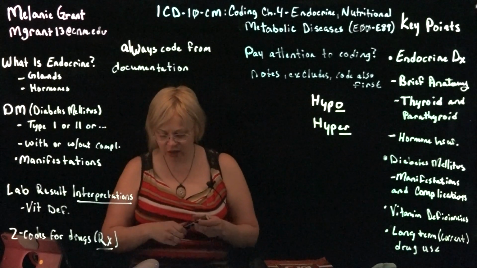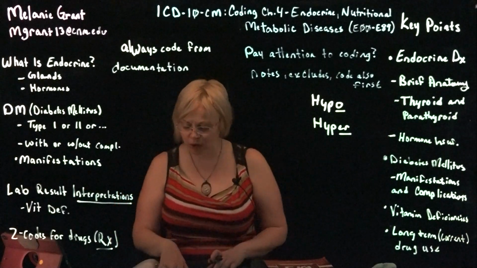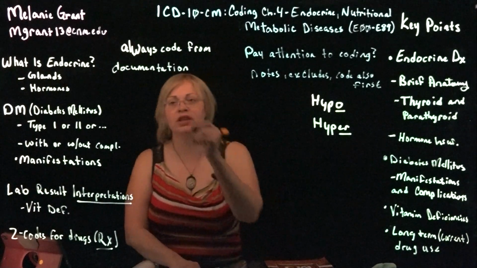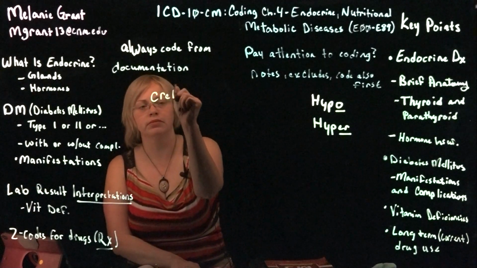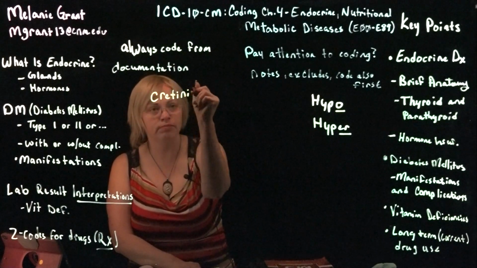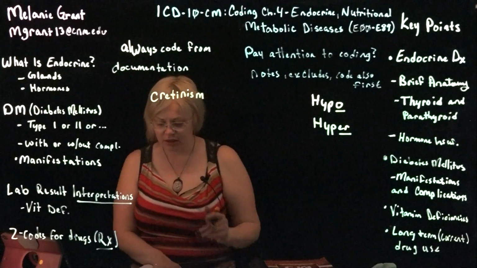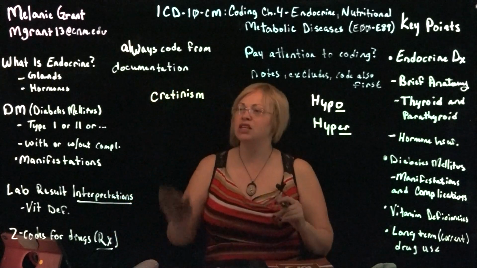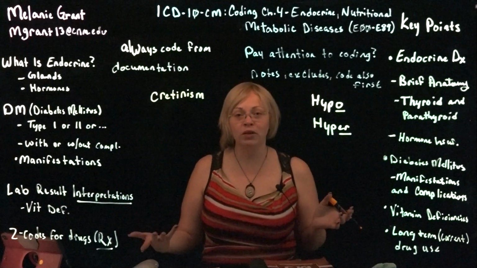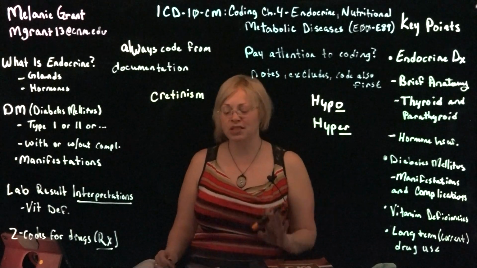We want to find out now, what is it that we are looking for? What is our action word? What is our main word? And so here, we could go under cretinism, which is one word they gave us, because that is the actual term that was given. But they also gave us another, also known as. So if I had documentation that just said cretinism, and I didn't remember what that is, I would want to look it up and determine what this condition is, what it is also known as, what it goes under.